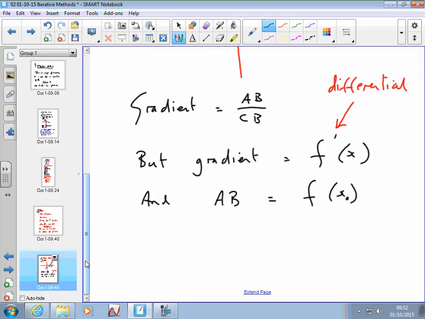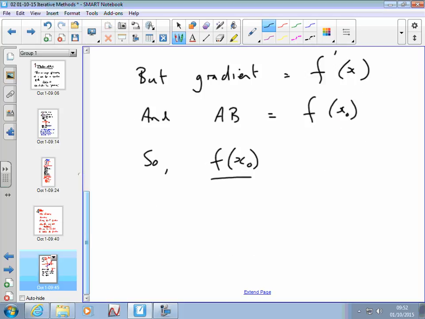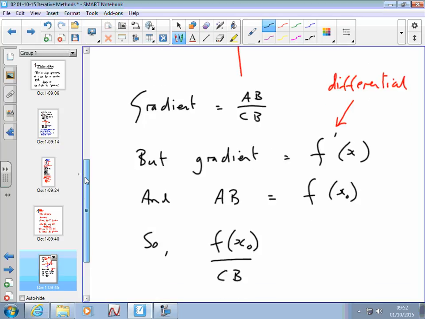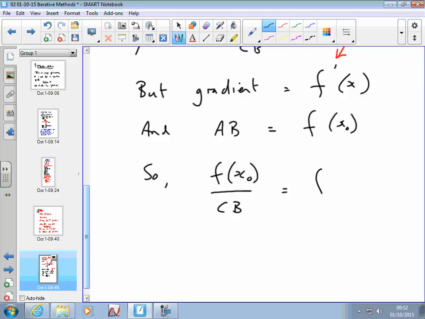So AB is f(x0) over CB, which is the distance along the x part of that triangle, equals the differential of the function at x0.